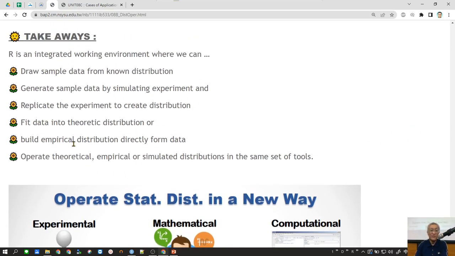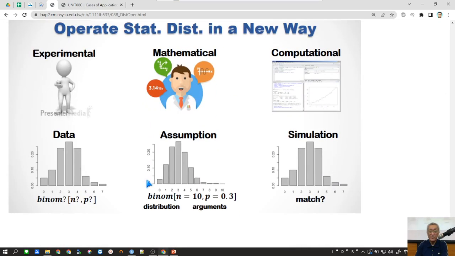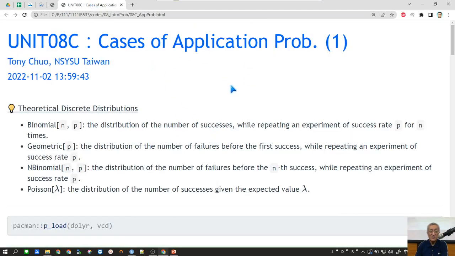So this is what we have learned so far, right? Now let's think about some real case of application, right? Up to this point, we learned how to use these built-in R functions for the operation of distribution, okay?